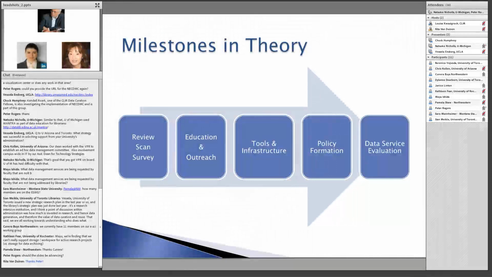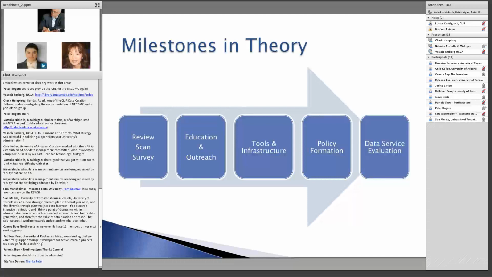The second component is education, training, and outreach. This includes raising awareness of funders' data management requirements and providing resources and guidance to researchers in writing a data management plan, as well as implementing such a plan.